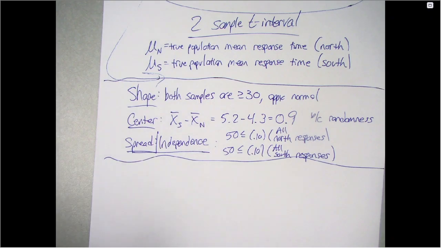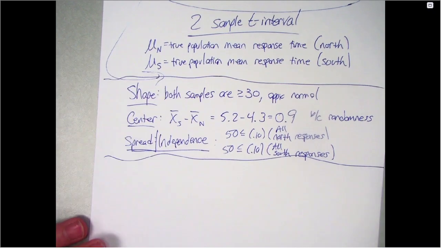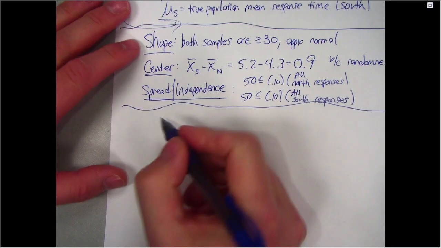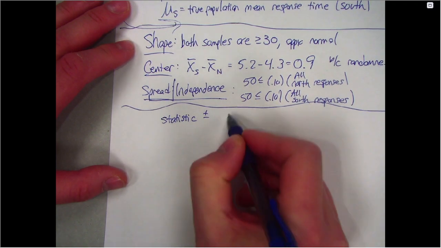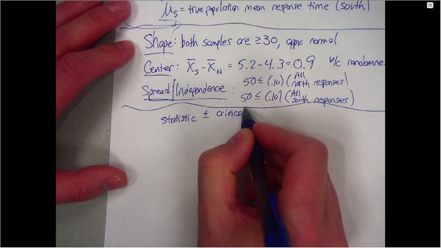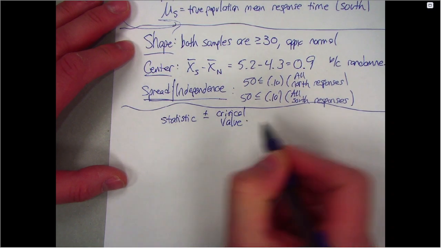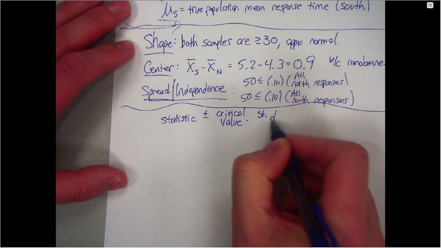Alright, so for a test, we'd have t equals and we'd have the equations. But for a confidence interval, if you remember, it's statistic plus or minus critical value times standard deviation.